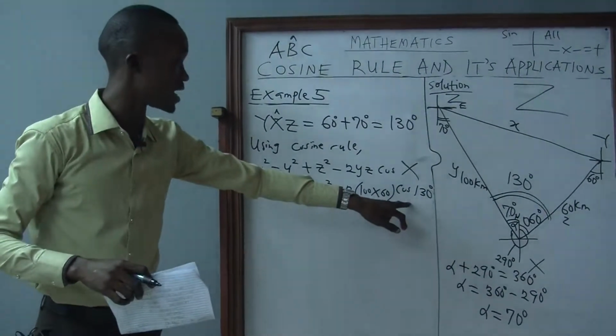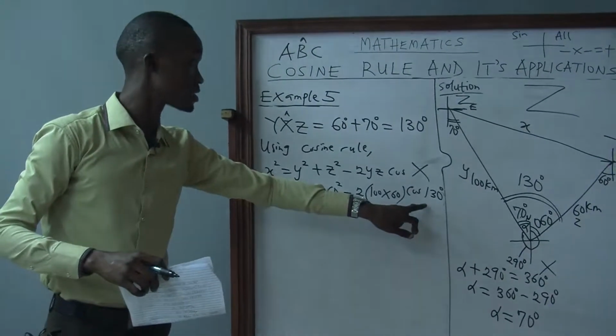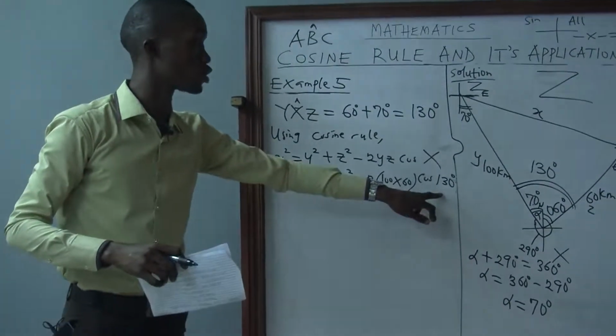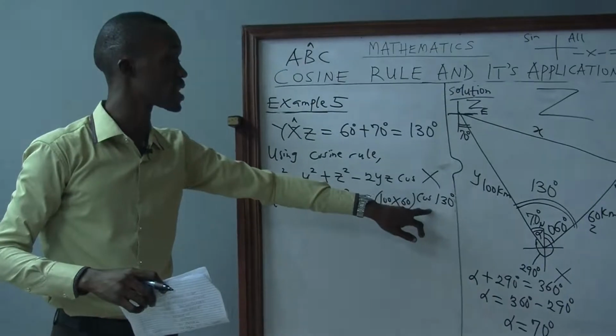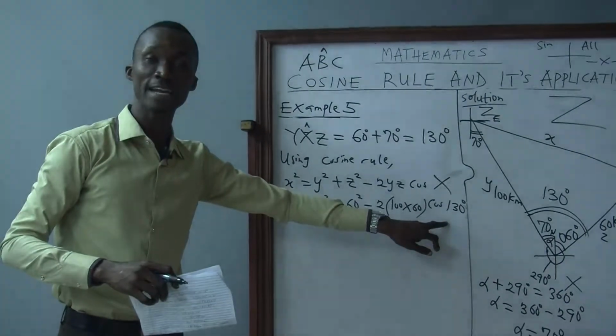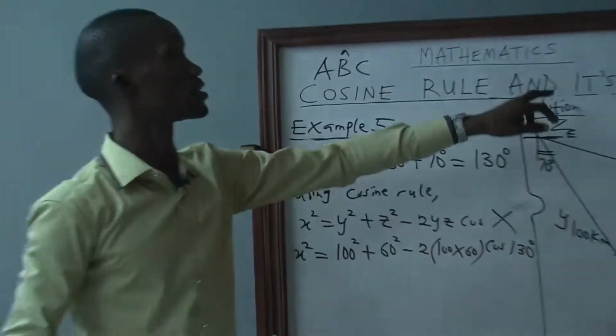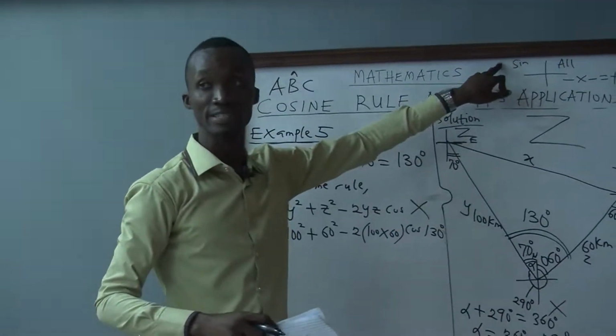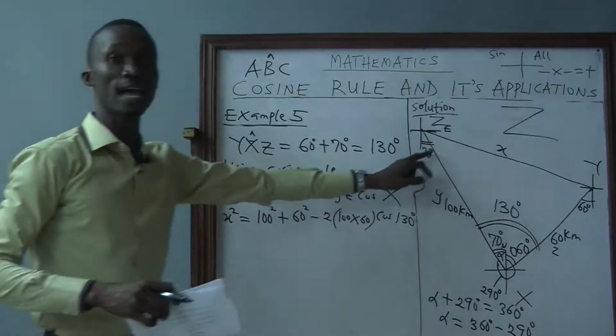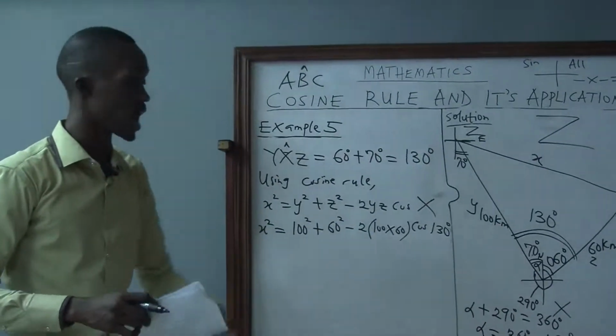And if you look at the 130 that we have here, it is coming from the second quadrant. In the second quadrant, cosine is not positive, it is negative. From the second quadrant, it is only sine that is positive. Cosine and tangent are negative.